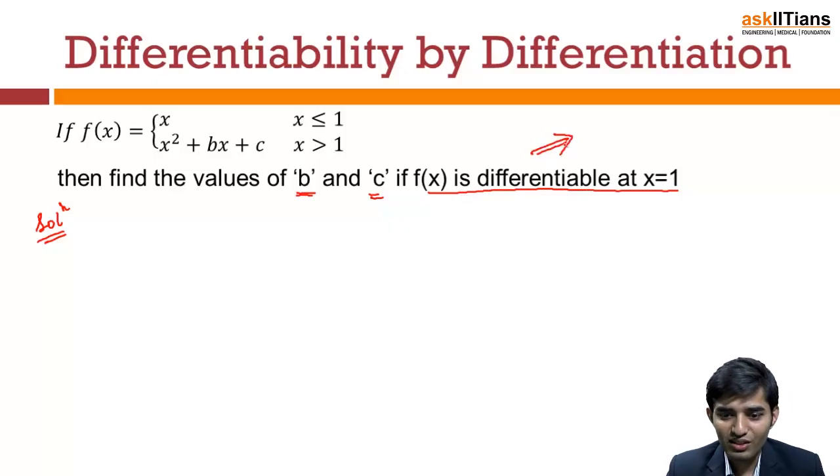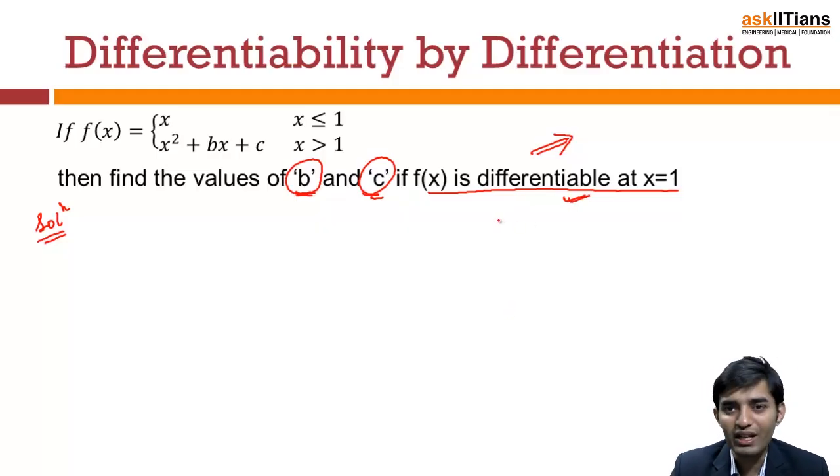This is the twist in the question. Because see, there are two variables, and there is only one piece of information provided, that f(x) is differentiable at x equal to 1. So from this information we can derive only one equation, but there are two variables. So how to solve an equation with two variables? It's not possible. So we definitely need one more equation, and from where will I get one more equation?